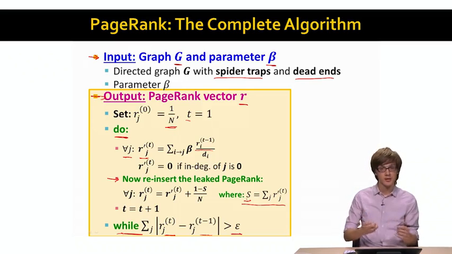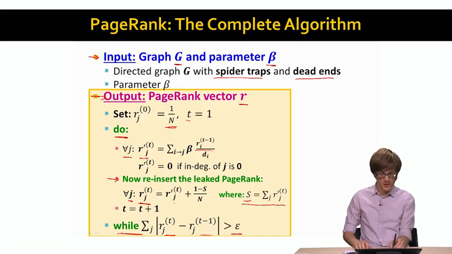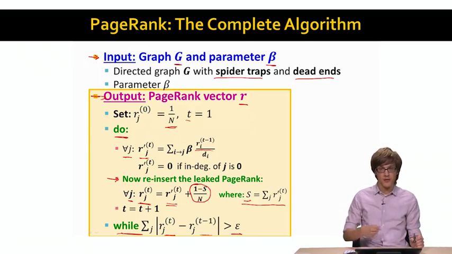So we want to take this and evenly insert it into every entry of R. We go over vector R again, and say the true value of the PageRank score is whatever we had before, plus the missing part, 1 minus S over n, which means every node gets a 1 over n fraction of the leaked-out score, so that now our vector R will sum to 1. With this, we obtained the new version of R. We check for convergence, and we keep repeating until we converge.